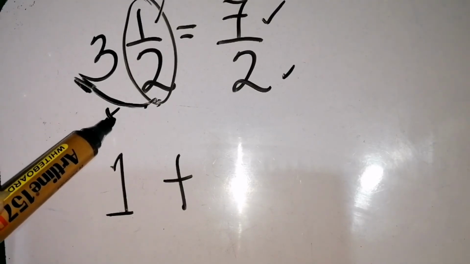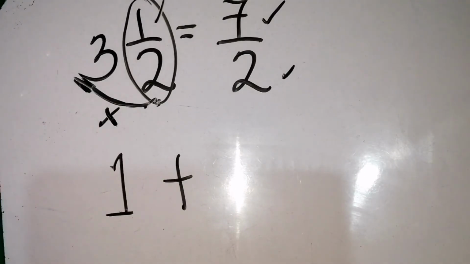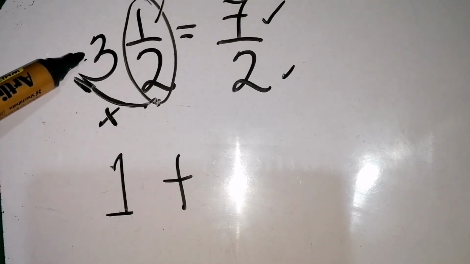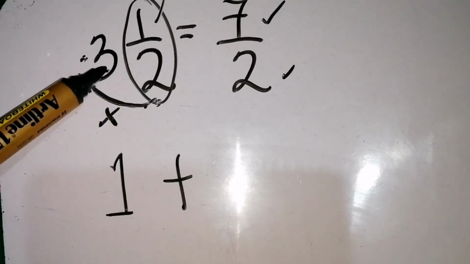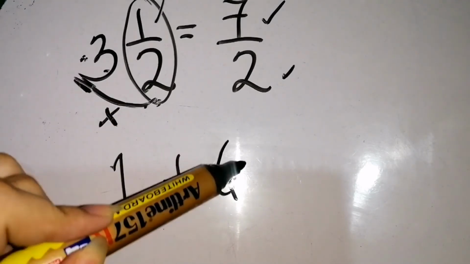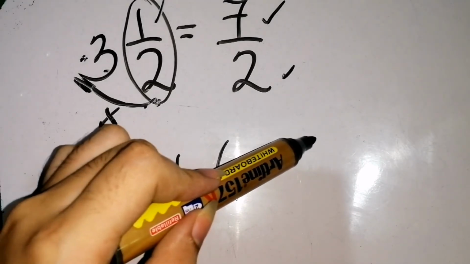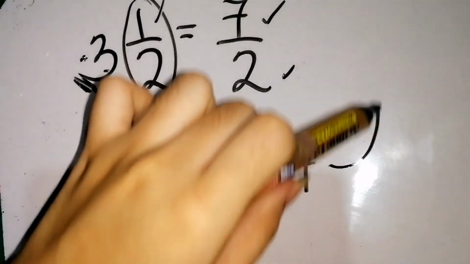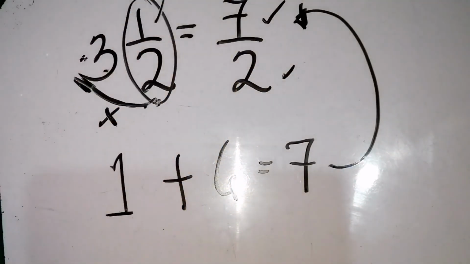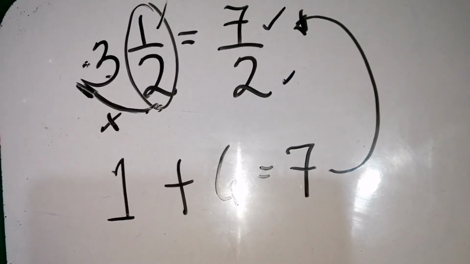We need to multiply this to find out how many parts there are in all in our 3 wholes. So here we have 3 times 2, which is 6, and that will give us 7. So look, we got the same as our numerator, which is 7.